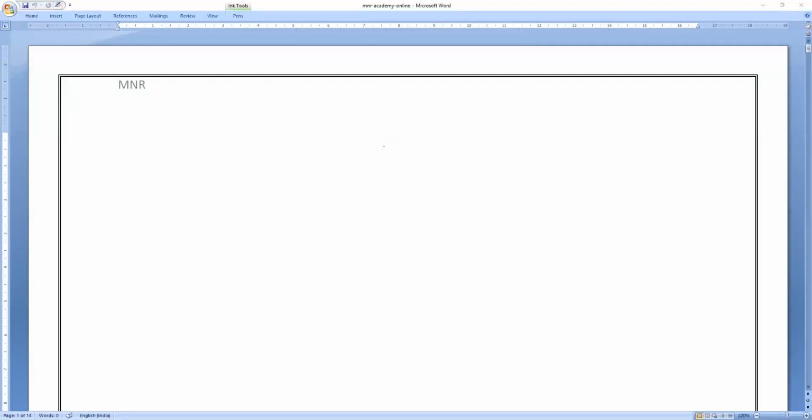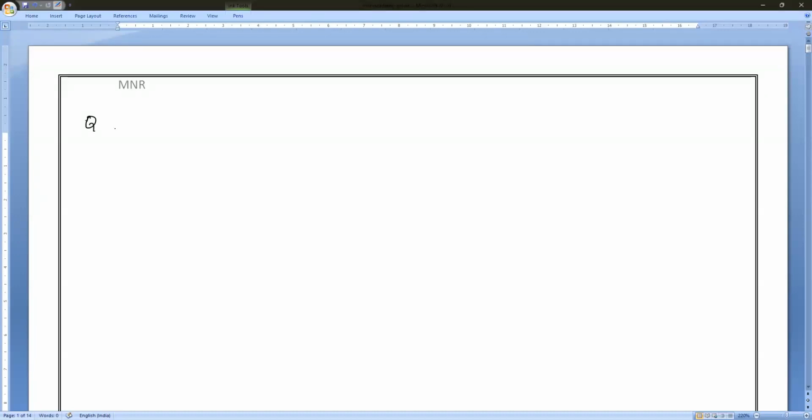Write a question. In a ripple tank, 12 full repulsions, 12 ripples are produced in 1 second.